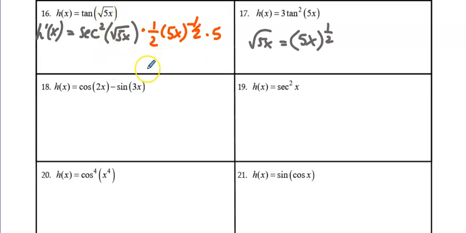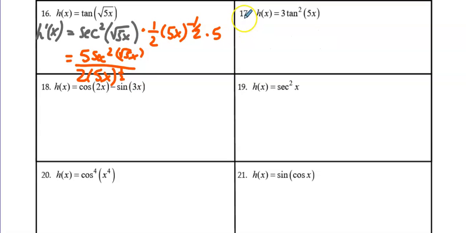So we have to do this problem right here. And so this problem then simplifies down to 5 secant squared of the square root of 5x all over 2 times 5x to the 1/2 power. Okay, so it looks a little bit weird, but it is what it is with that problem. So I'm hoping that one's going to make sense.